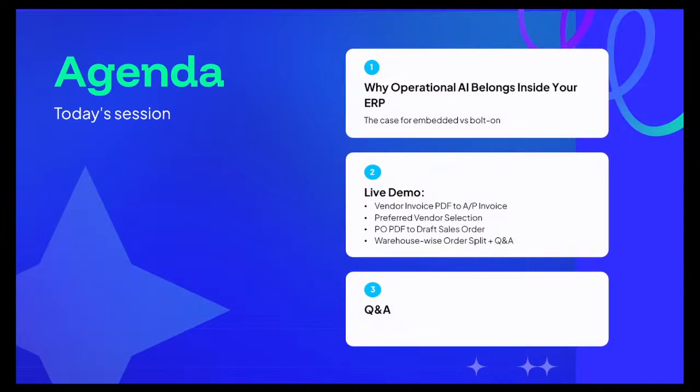Ideally, in the B2B business, you may be receiving hundreds and thousands of purchase invoices. Based on that, your backend team is going to enter the sales order and process it. We'll discuss the challenges later.